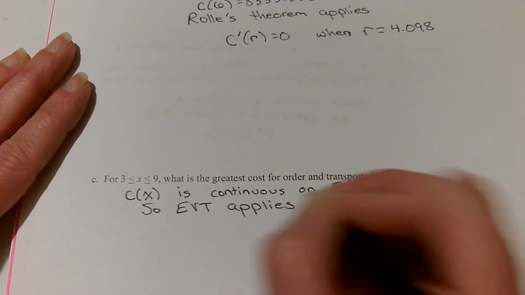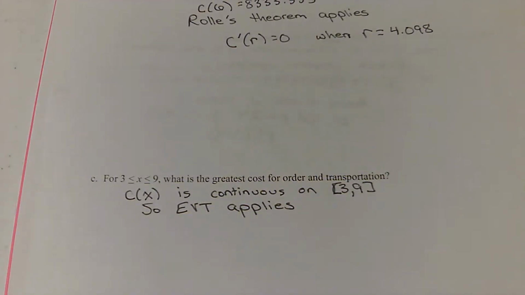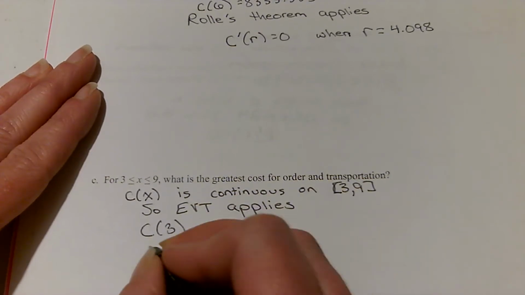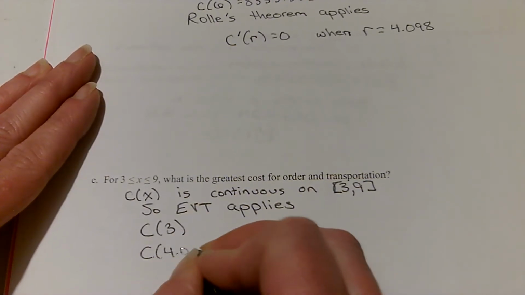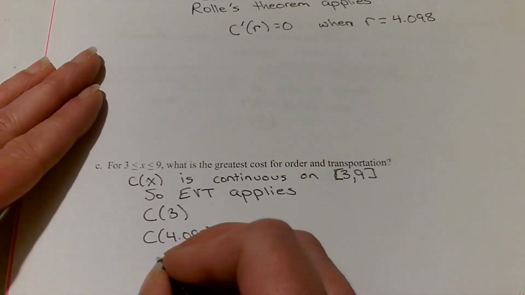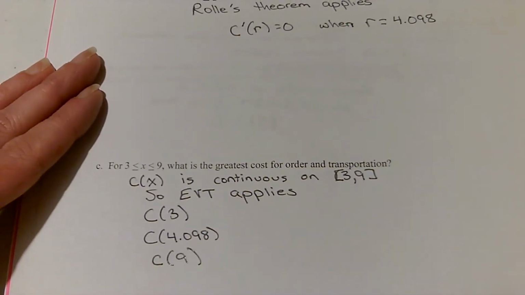So we have to check a couple of things. We have to check our endpoints, and we have to check any extremes that we had in the middle, which we just found one. We need to check C of 3, C of 4.098, that was found in the last one, and C of 9.